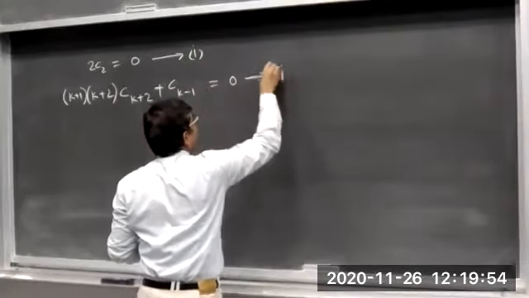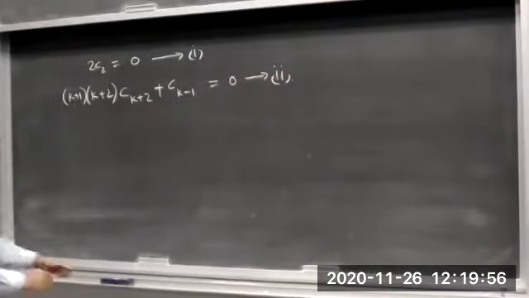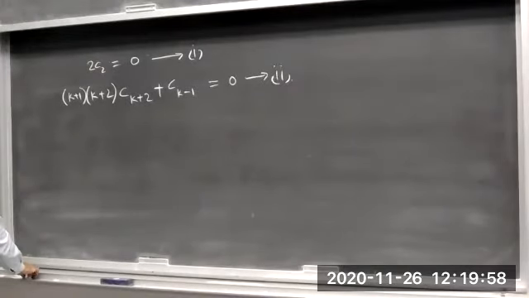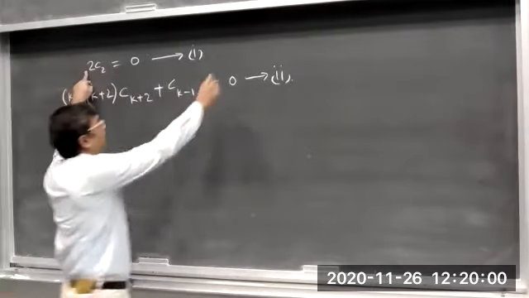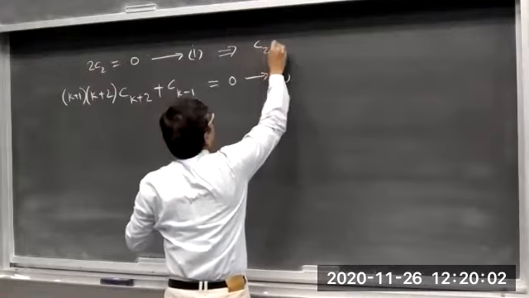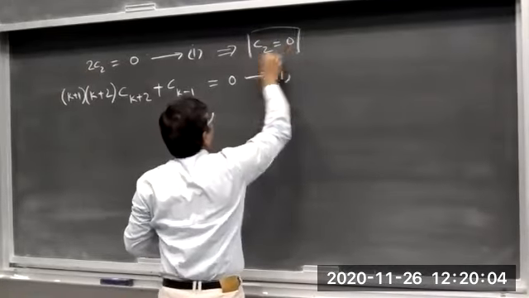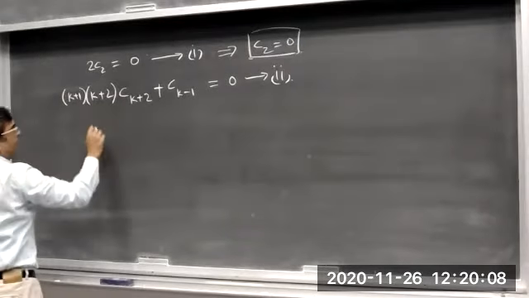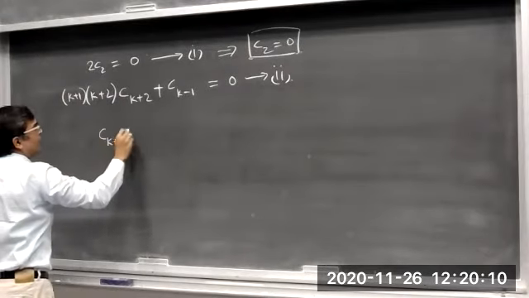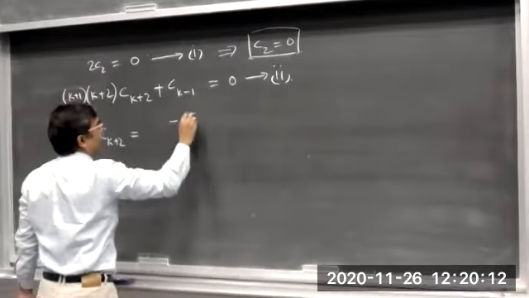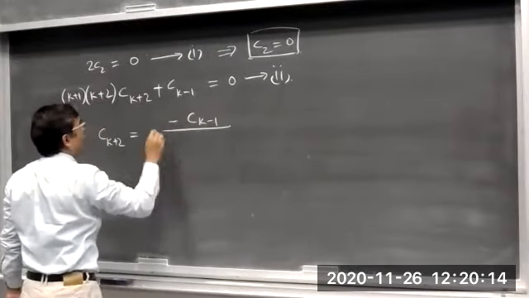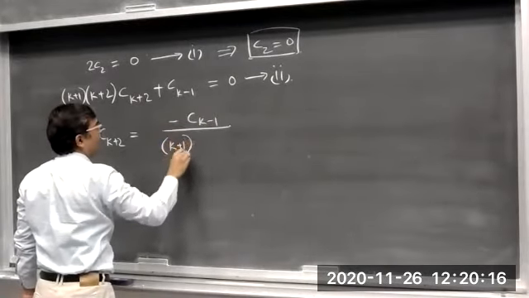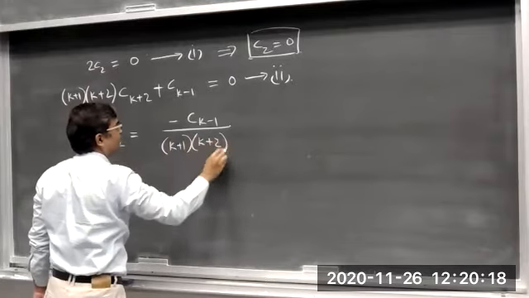Now from the first equation, we can obtain that c2 is 0. And from the second equation, we can obtain c(k plus 2) is equal to negative c(k minus 1) whole divided by (k plus 1) into (k plus 2).